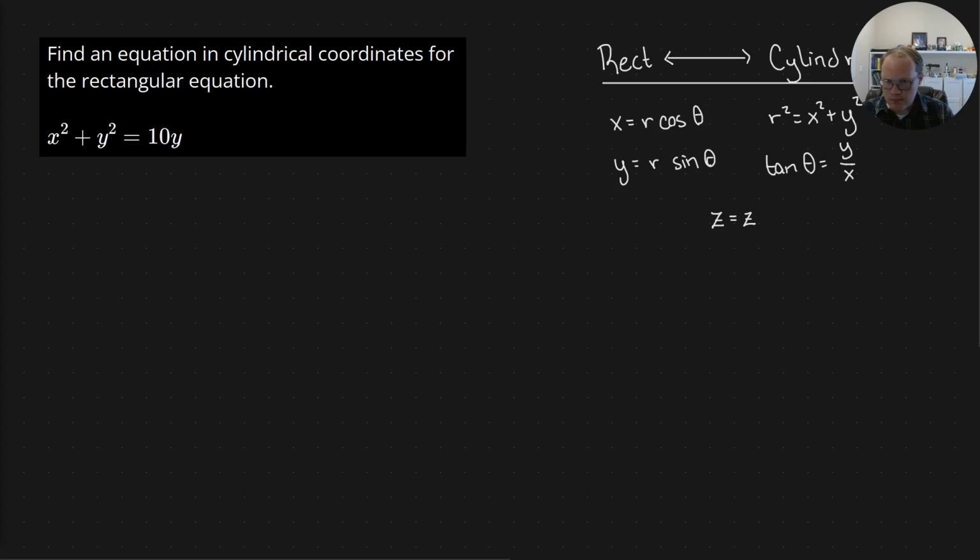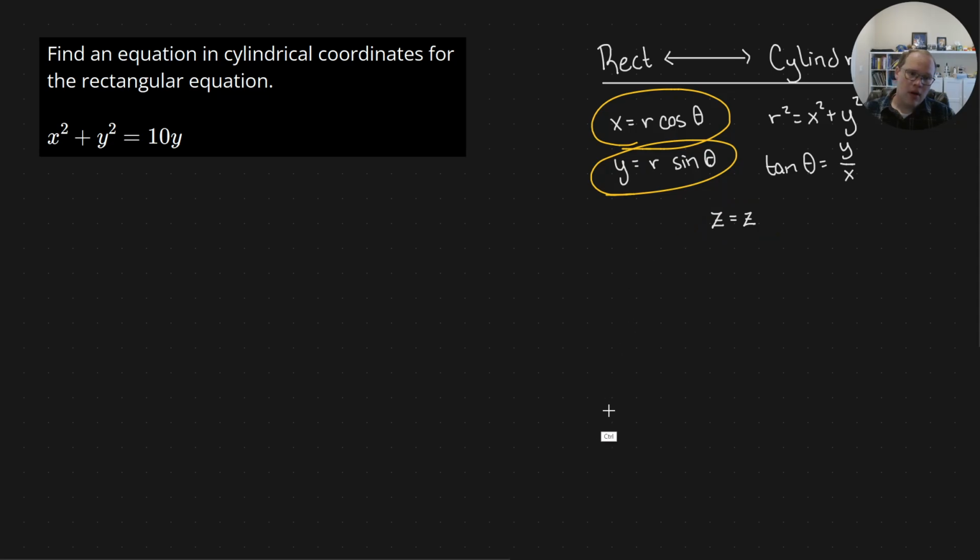Okay. So let's take a look at this one. Let's convert it. Now, converting a surface from rectangular to cylindrical is actually very easy because we can always straight up swap out x, y, and z.